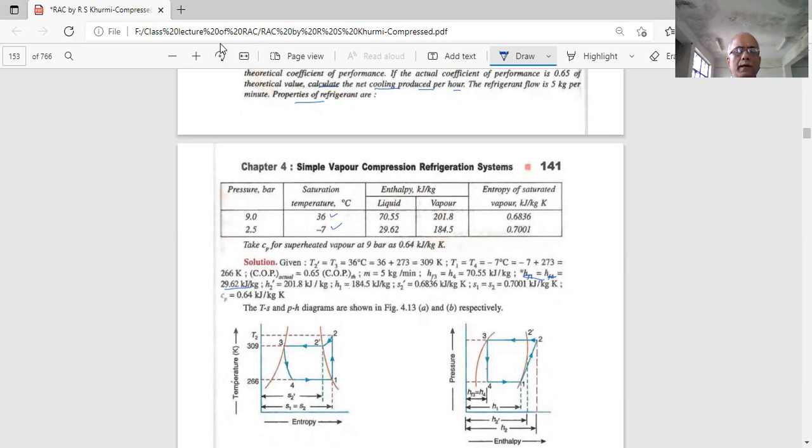From 1 to 2 is the compression process. As stage 1 starts on the dry saturated line, 1 to 2 is isentropic compression, so there is no entropy change. So entropy at 1 equals entropy at 2, and stage 2 ends in the superheated region.